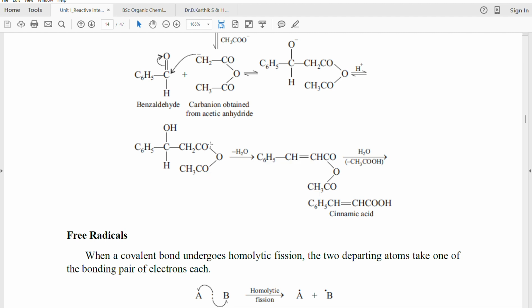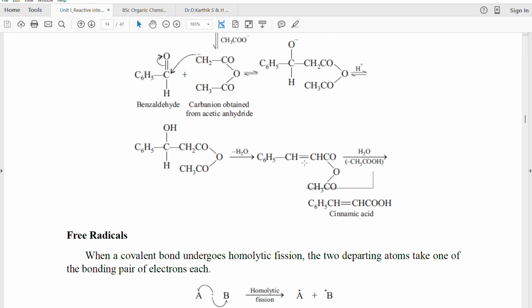So again the base will abstract a proton from this, since it has more CH2 groups. There are again active methylene hydrogens, which can be easily abstracted by the base. So it can produce a carbanion here again.